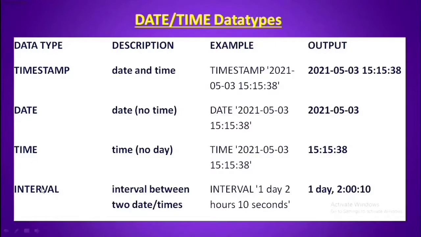Next, interval. Interval between two dates or times. Example is 1 day, 2 hours, 10 seconds. And the output is displayed as 1 day, 2 hours, 10 seconds, because interval has two types. One is date type and another one is time type. So output is displayed in two data types. This is the example table.